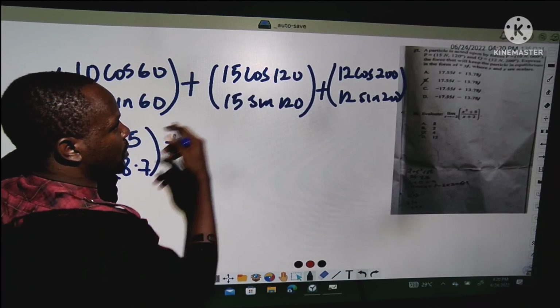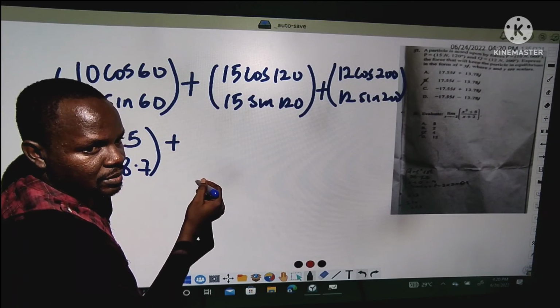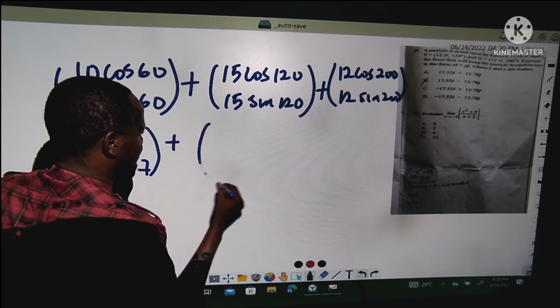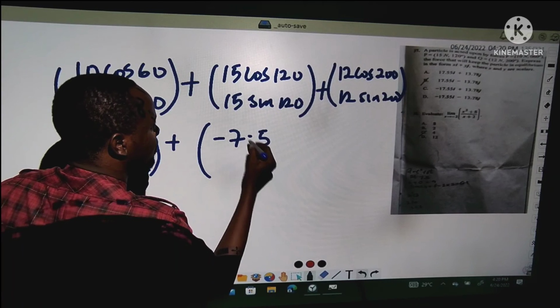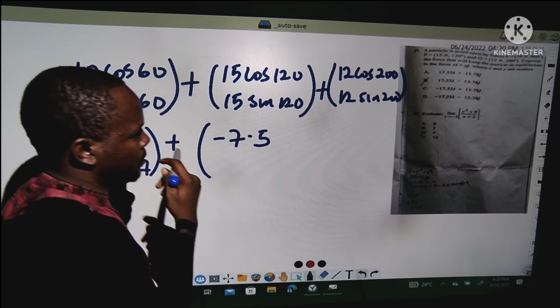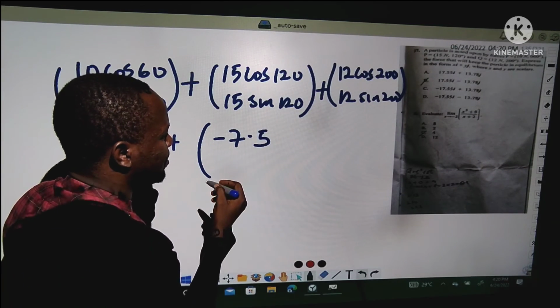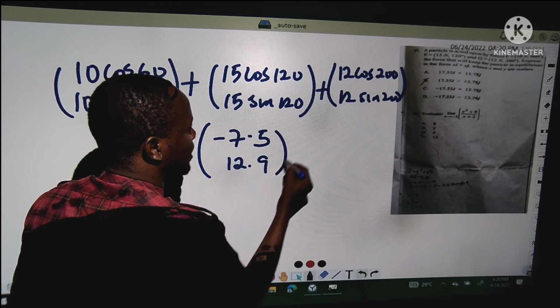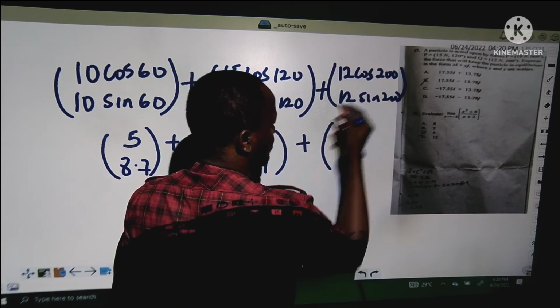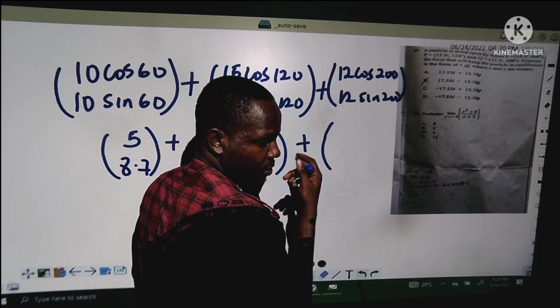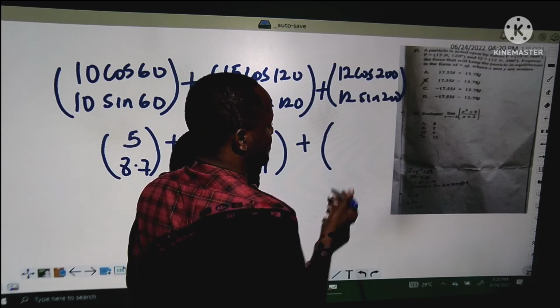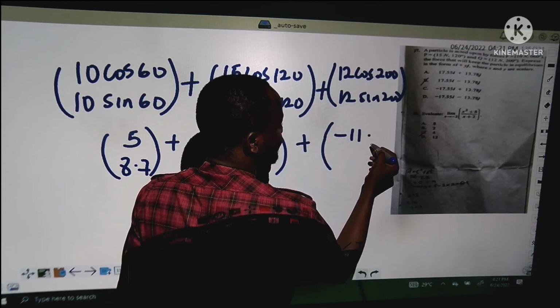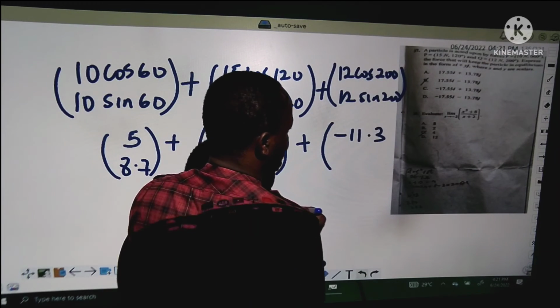Cos 120 is negative, minus 7.5. So we have minus 7.5. Then 15 sin 120, 7.5, 12.9. Then plus the last one, 12 cos 200. Just press it directly on calculator. Minus 11.3. Then 12 sin 200.